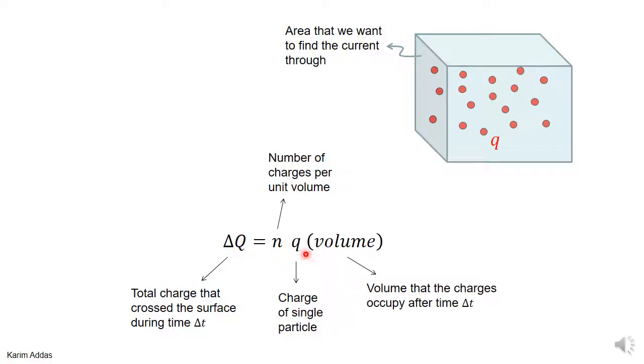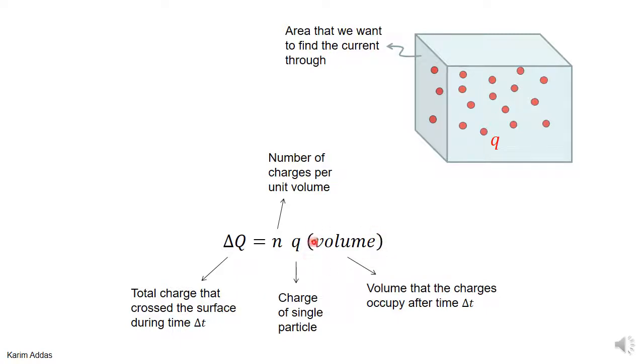Of course, you have to multiply. If you multiply the number of charges per unit volume times the volume, that gives you the total number of charges, but we didn't ask for the number of charges, we asked for the actual amount of charge. So then you just have to multiply by q, which is the charge of a single particle. This then gives you the total amount of charge that crossed the surface during a time delta t.